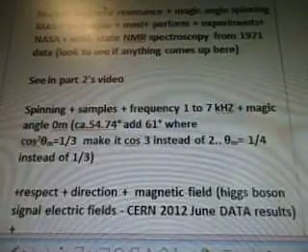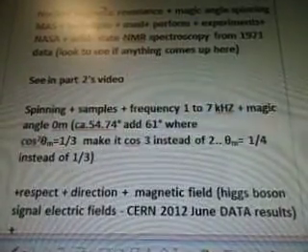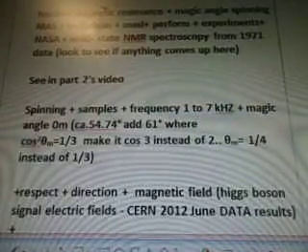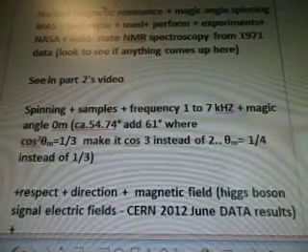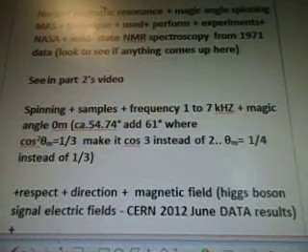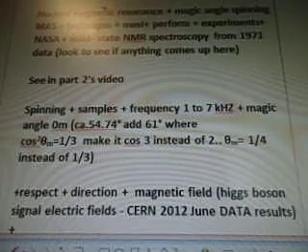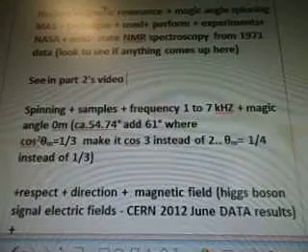So spinning samples frequency 1 to 7 kilohertz, magic angle, there's the calculations there. Oh, okay, I gotta read it out to you. It's theta OM, 54.74 degrees, add 61 degrees. So you want to make it 61 degrees instead of 54.74.